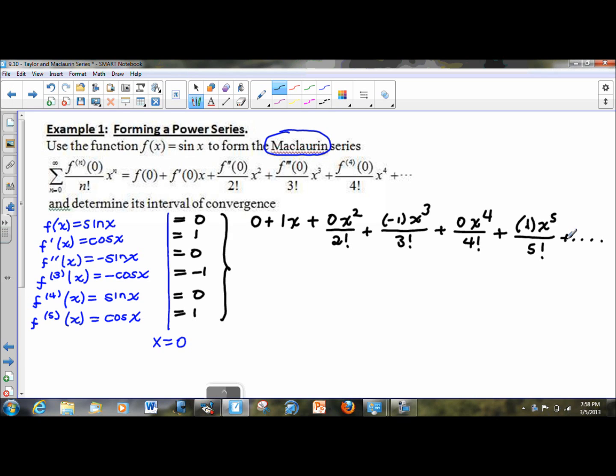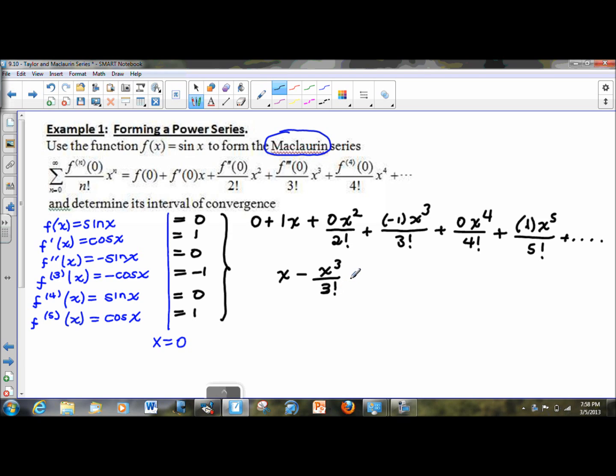Of course, any term that contains a 0 will not be written. Everything else we're just going to simplify. So we'd start, of course, with 1. And then we see that this term here could become negative simply x cubed over 3 factorial. It's going to probably help to write your denominator still in factorial form.